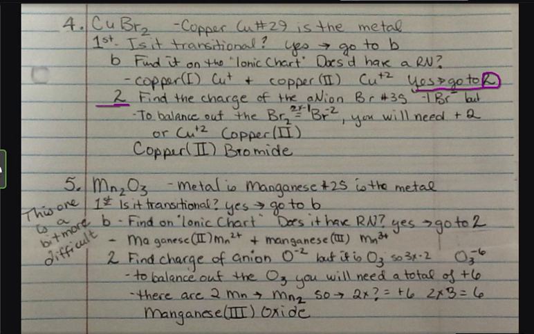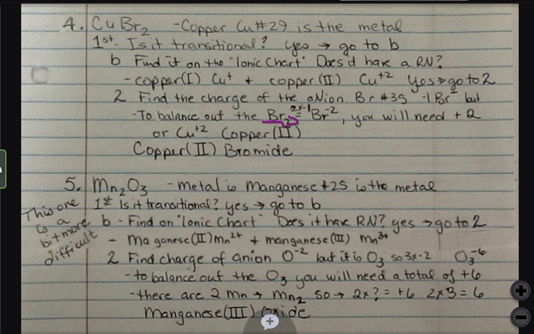Here's number 2. We're going to find the charge of the anion, which is bromine. We've just looked at that one, and the atomic number is 35. It was in group 17, and it had a -1 charge. But now this is where writing your ionic formulas is going to come in handy, because we have to balance out the fact that we had 2 bromine.